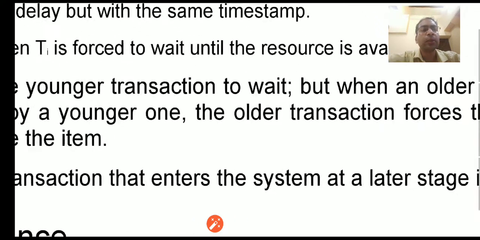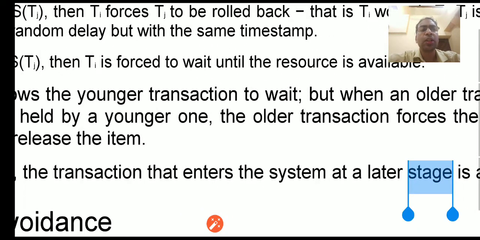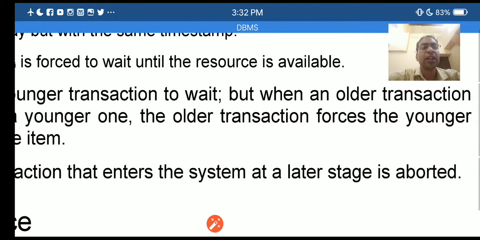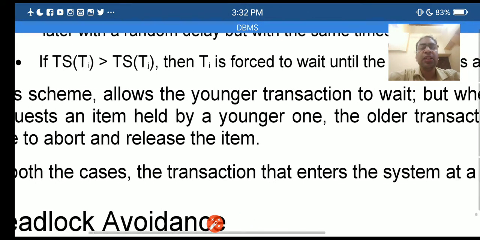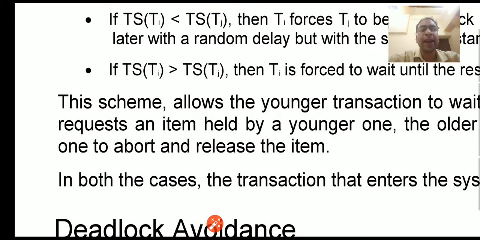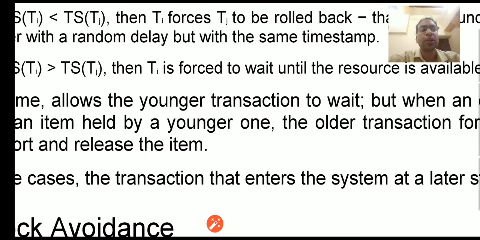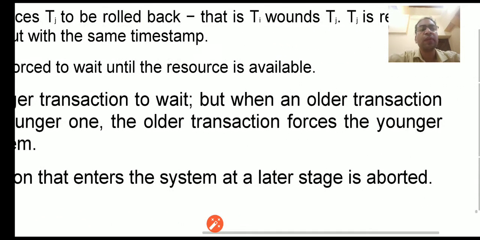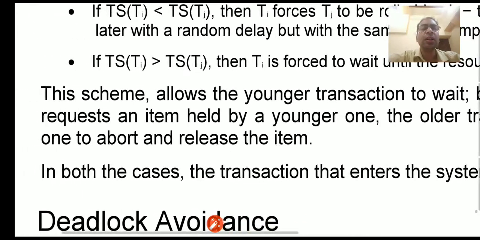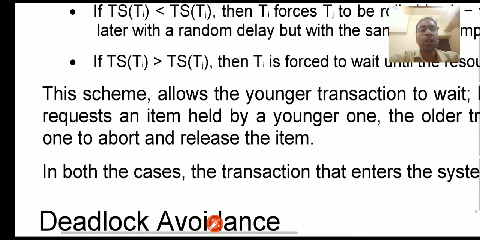And the major important case is whenever the older transaction comes and the data item is held by a younger transaction, then the older transaction forces the younger transaction to abort and release those data items. So immediately those data items will be handed over to the older transaction and the younger transaction will be rolled back.